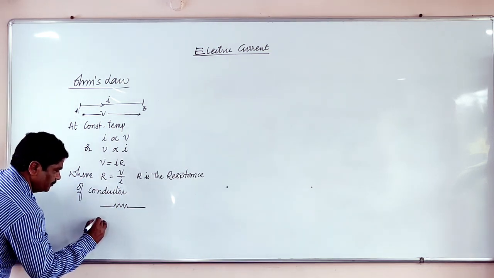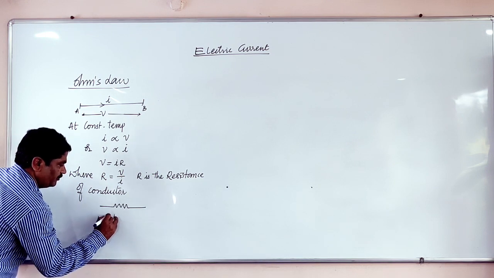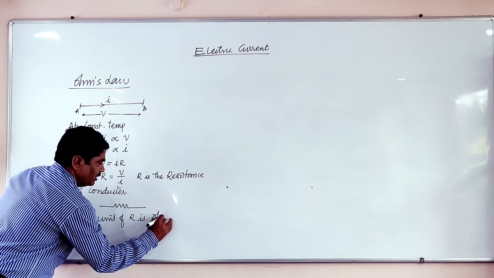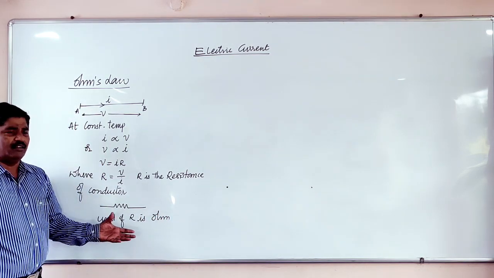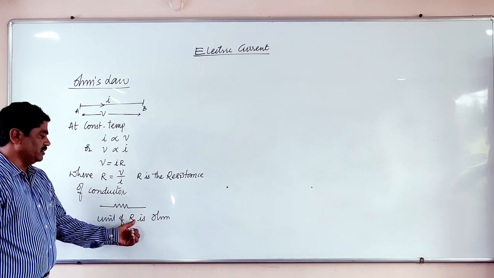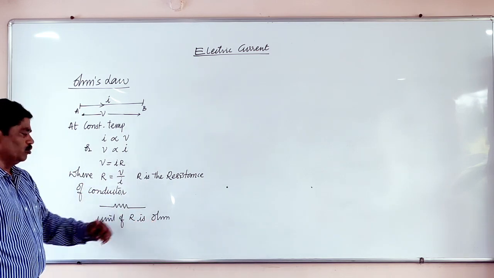Now the unit of resistance is the ohm, because Simon Ohm did a lot of work regarding this. In respect of his name, we have given the unit of resistance as the ohm.